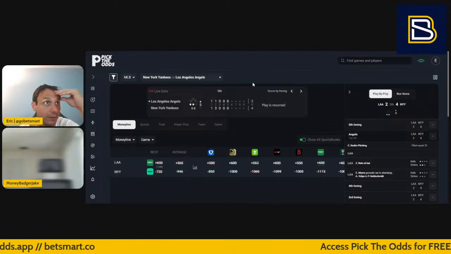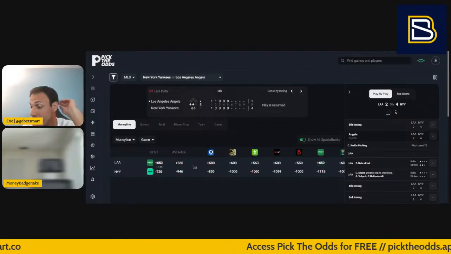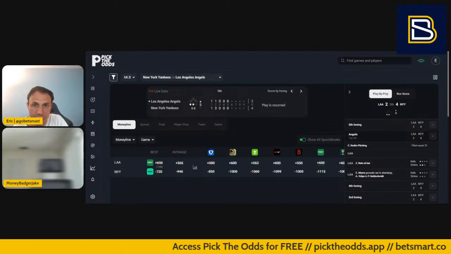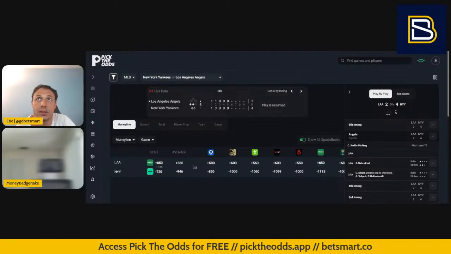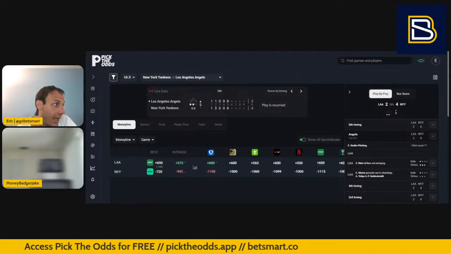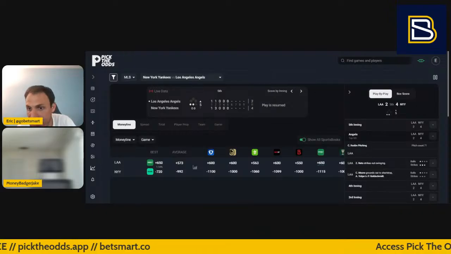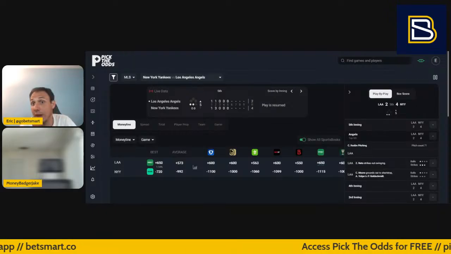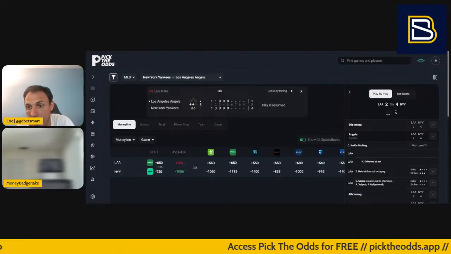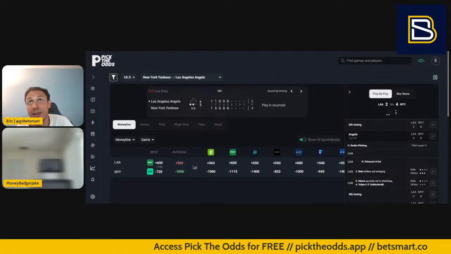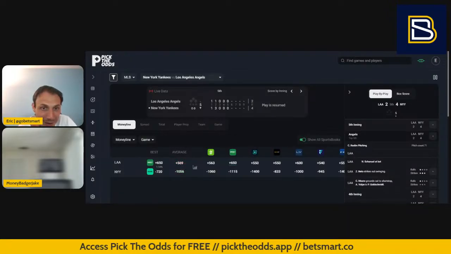Then let's go back to the EV screen, see if we can get some more value. We've done a good job so far. And again, these are my EV calcs. I've been gambling, and I speak to a lot of very sharp bettors, a lot of very sharp tools like PTO. So I'm not picking random weights out of my ass.